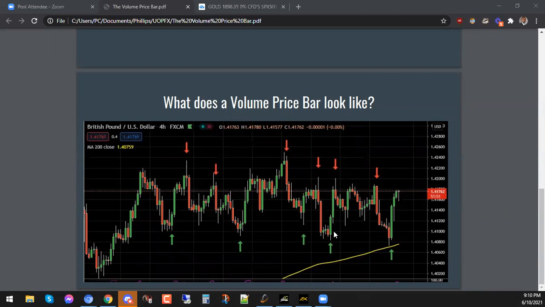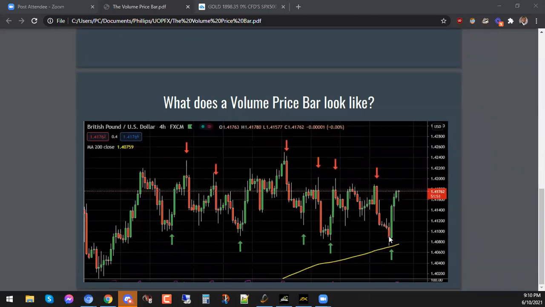It all depends on how the instrument moves. Slower instruments will be cleaner on higher time frames. Faster moving instruments, more volatile price action I'm speaking about, would be clearer on lower time frames. Okay, so keep that in mind.